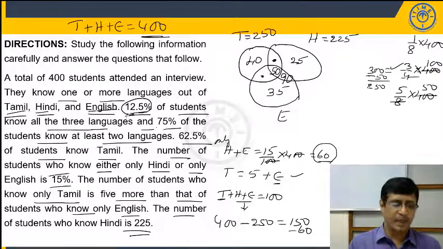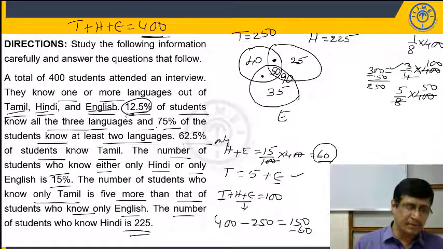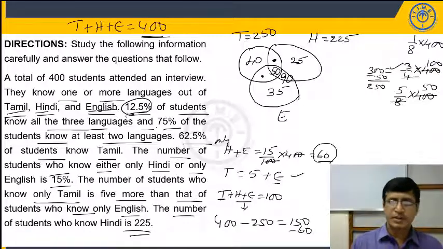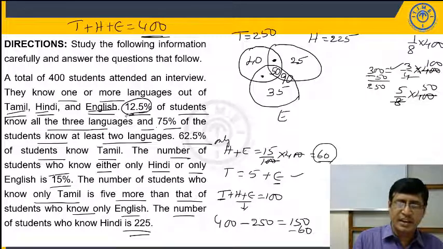Am I clear? Then we need to fill the remaining 2. How to get the remaining 2? Here Hindi is 225, whereas this is the part of Hindi.